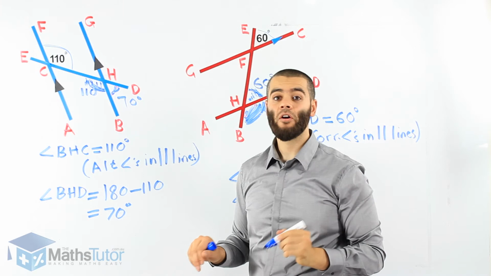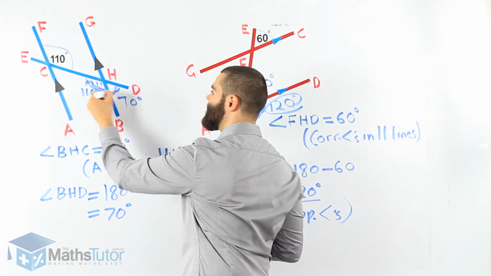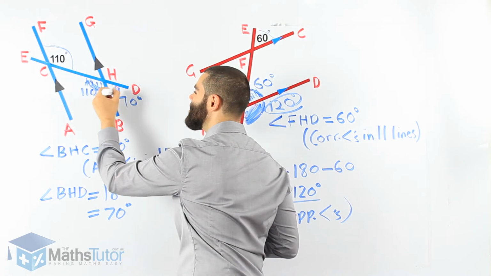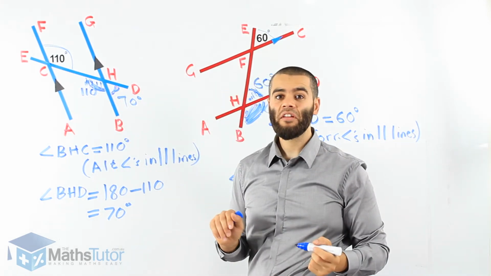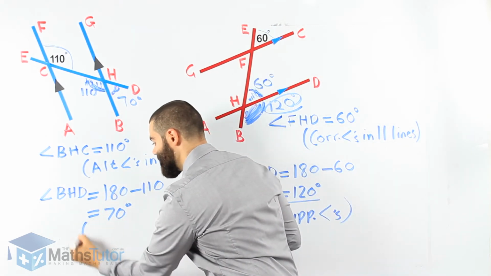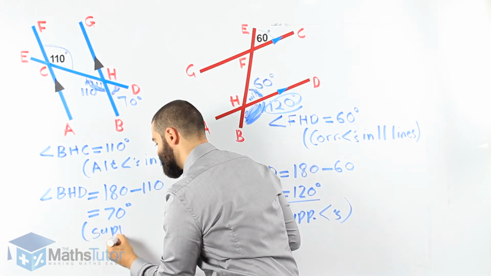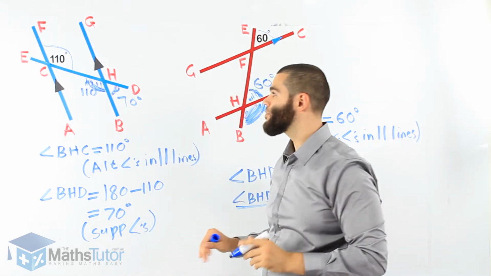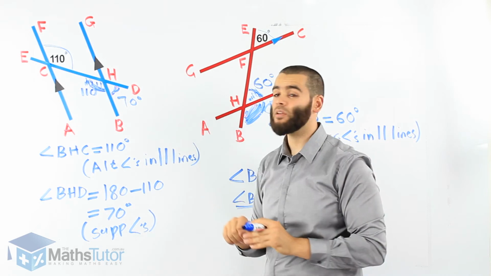Angle BHD is going to be 70 degrees. 180 is the total angle there, supplementary angles. Take away 110, we're left with 70. What's our reason? Remember, 70 degrees is our angle. Our reason is supplementary angles, supplementary angles. This is very important.